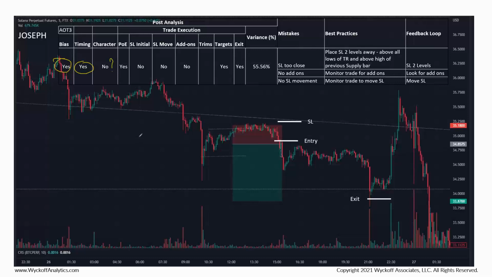We're looking at impulses here, and we're getting the proper preconditions for the impulse to the downside, which he recognizes, and he takes advantage of that. You're right, it does not have the same momentum or velocity to the downside, but it's still a fair amount of return in a short period of time.